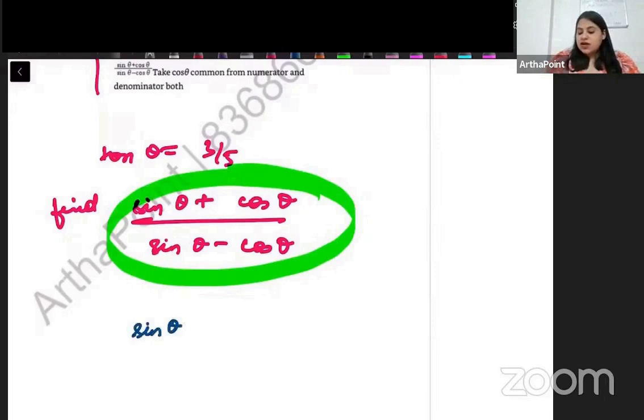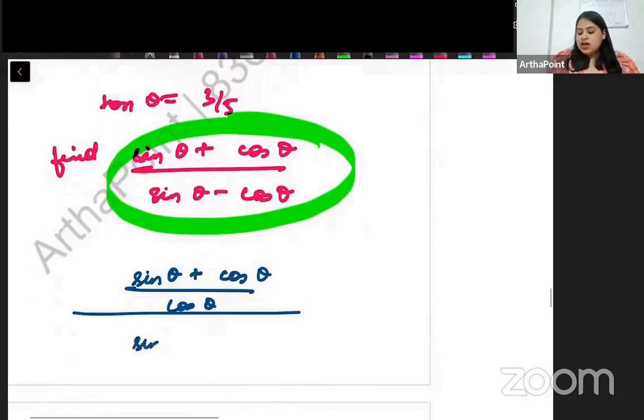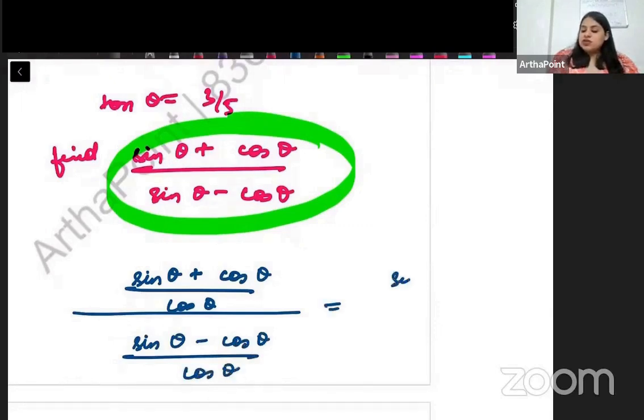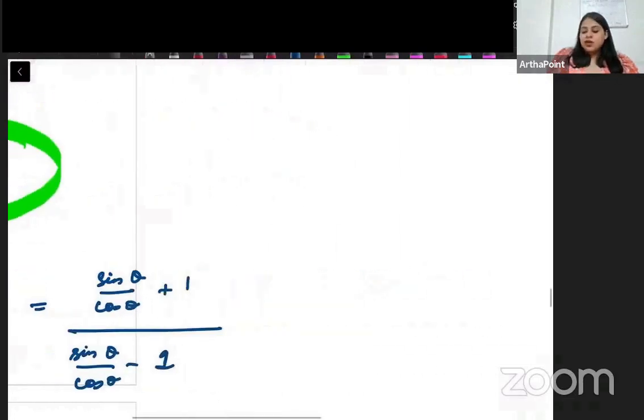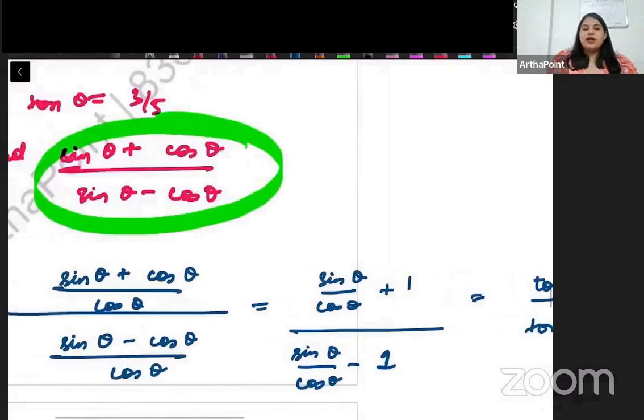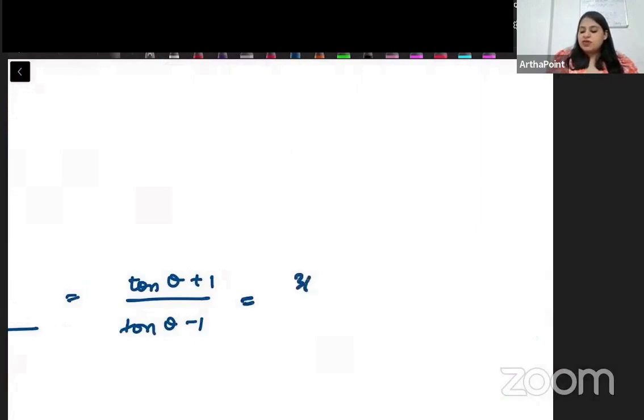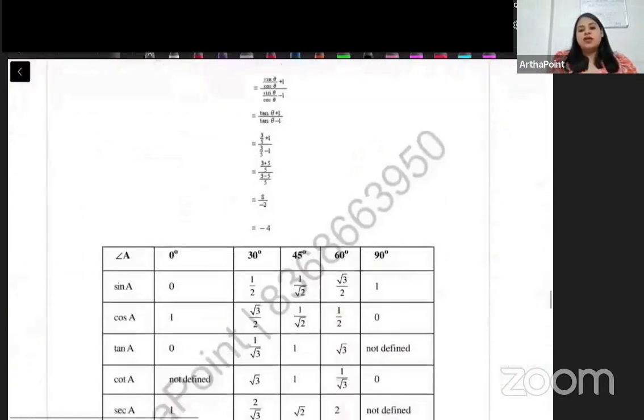So sine theta by cos theta plus 1 upon sine theta by cos theta minus 1. So this is going to be tan theta plus 1 upon tan theta minus 1. And tan theta is given as 3 by 5. So beta, this is going to be 3 by 5 plus 1 upon 3 by 5 minus 1. Solve kar lo beta, this will come down to be minus 4.